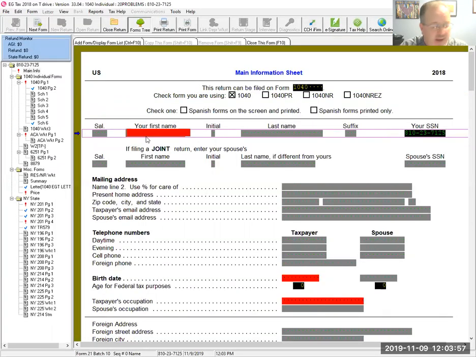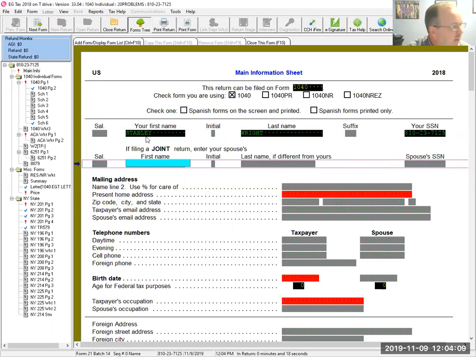Okay, so we have Stanley, whoops, I got blocked here. There, Stanley, no middle initial for him. Okay, and we have Jennifer, and we have a middle initial for her, and her social security number.